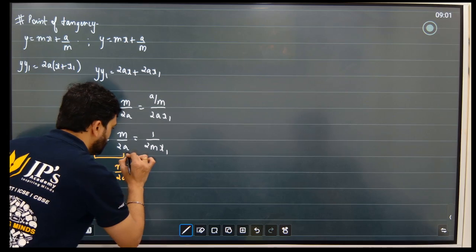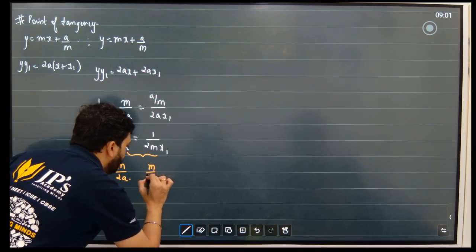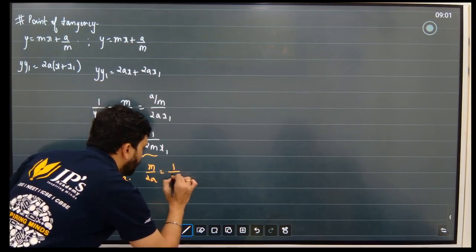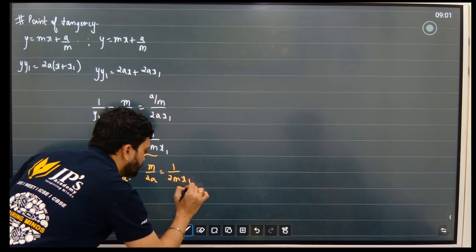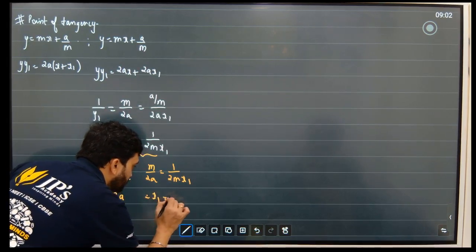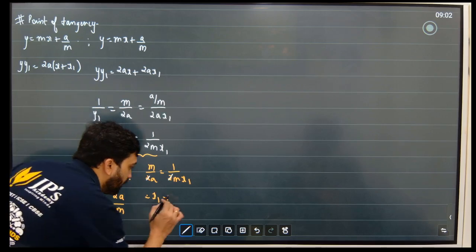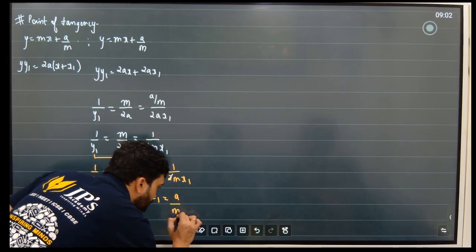And if I substitute these two, I will get m upon 2a is equal to 1 upon 2mx1. Therefore x1 is equal to, see, 2 cancels, therefore x1 will become a by m square.